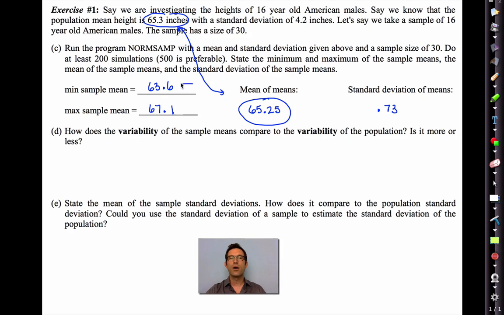Even though many of the means were very different from the population mean, the actual average of all those means, the mean of the means, was just about the same. But look at the variability in the means, right? What would you say about the variability in the means? That would be written like this. All right, well, no, actually it'd be written with an S, my bad.